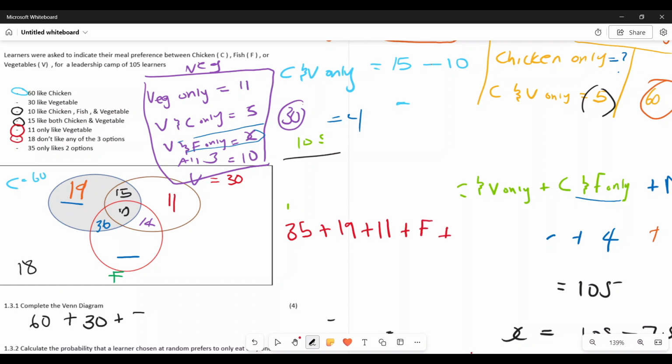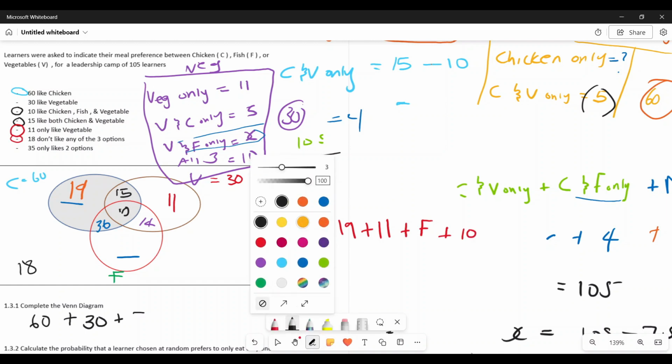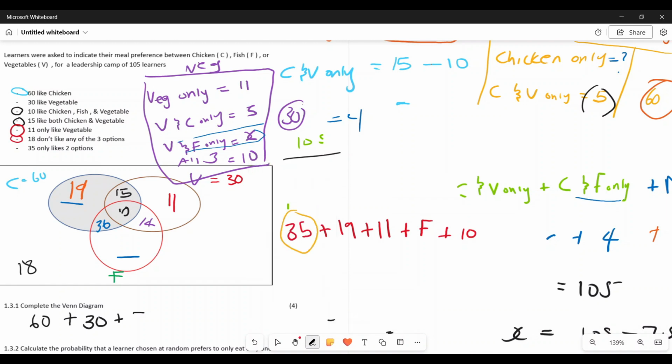Plus the number of people who like all three, which is 10. Remember, let me highlight my values here. These are the people who like only 2, these are the people who like all 3, and these are the people who like chicken only, vegetables only, fish only. Now, all of this is also added to the number of people who do not prefer anything, which is 18. And these people prefer none.